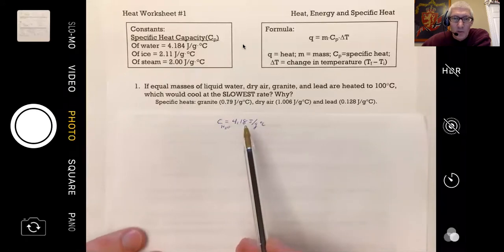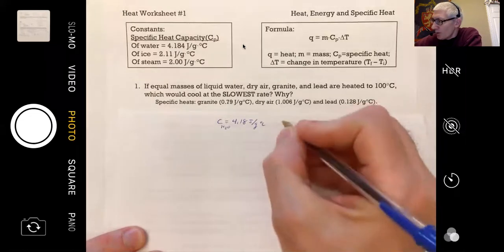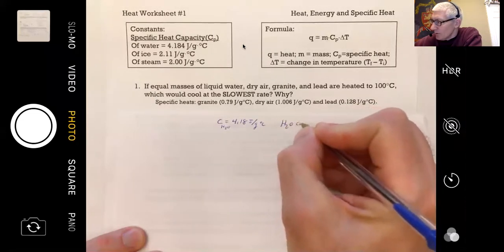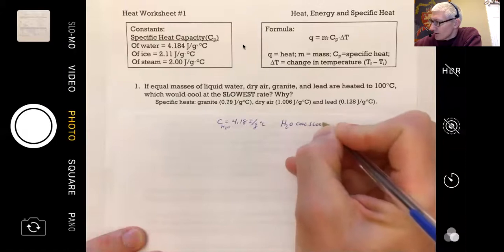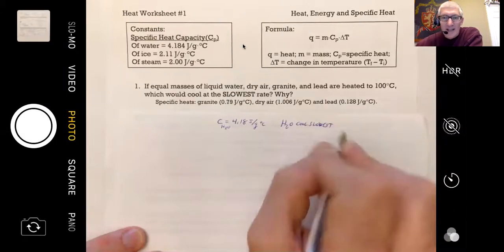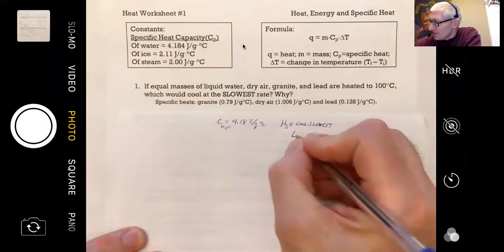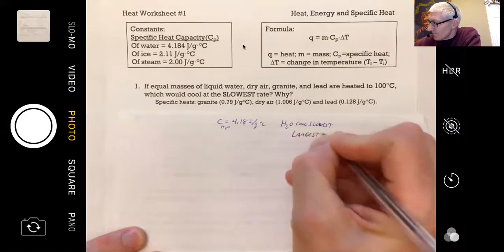So which one's going to cool slowest is the one that requires the most energy to change its temperature. So I would say that water will cool the slowest because it has the largest specific heat.